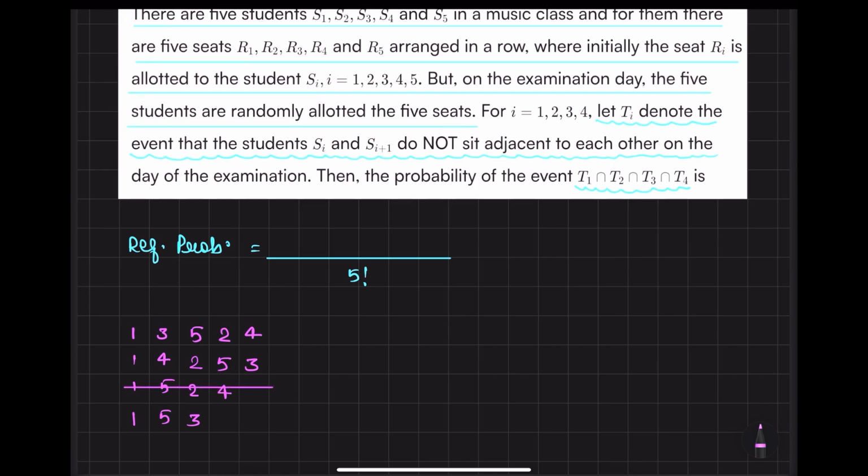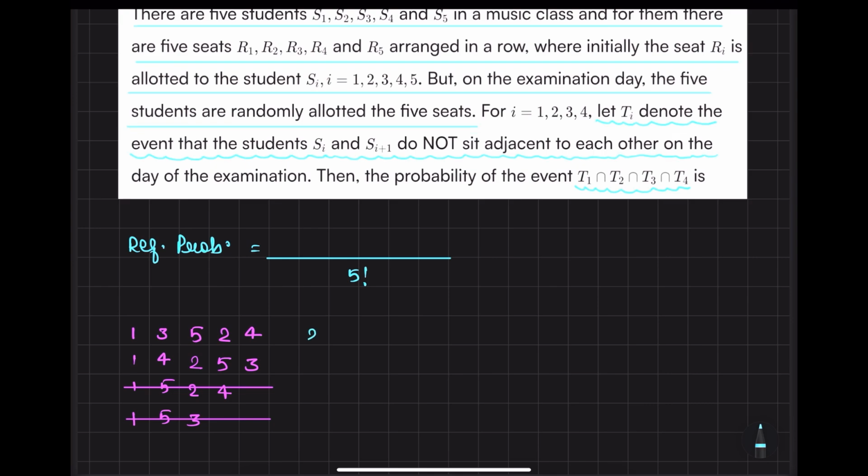Now with 3 you know that 4 cannot sit. So if 4 cannot sit, 4 and 2 cannot sit. Only these two persons are left, and both have to be rejected, so we have to reject this case. Okay, I hope with 1 you guys are comfortable.